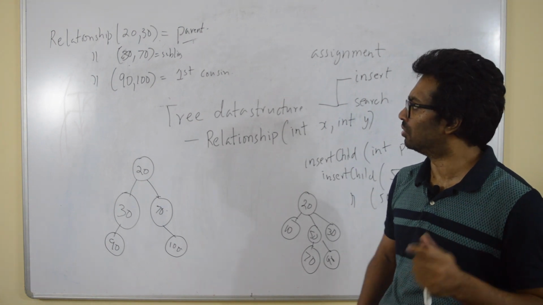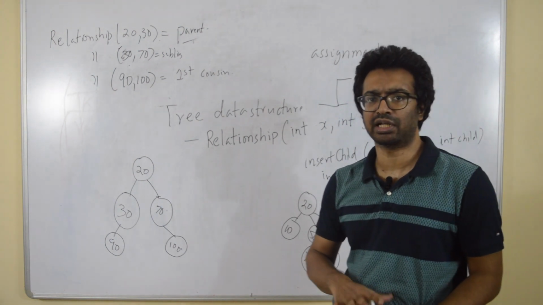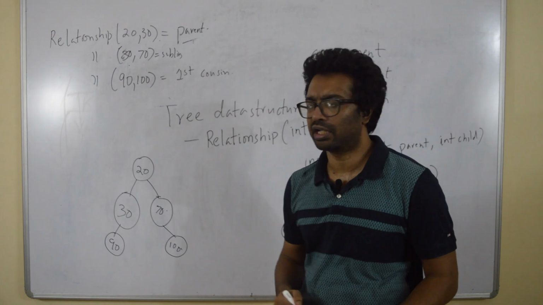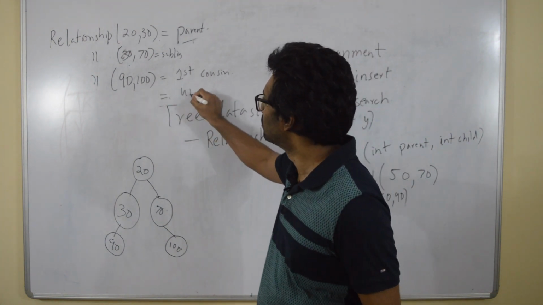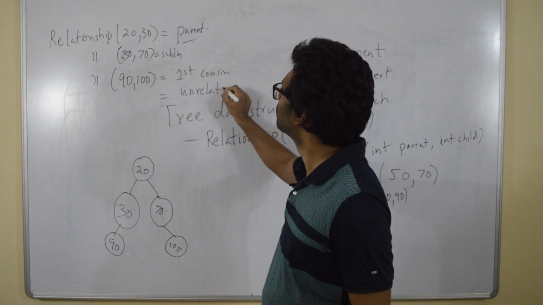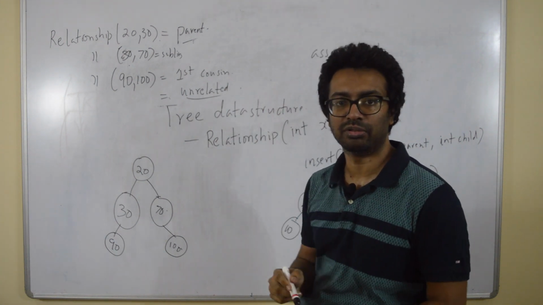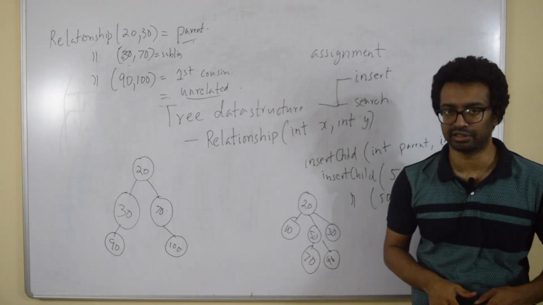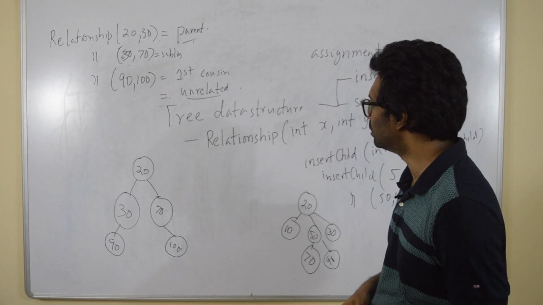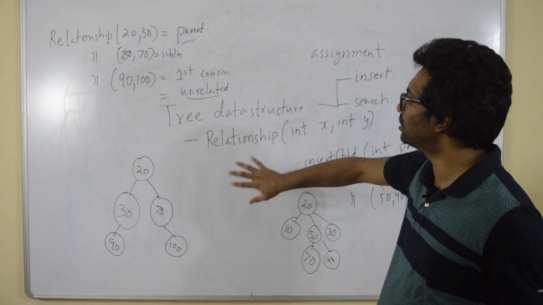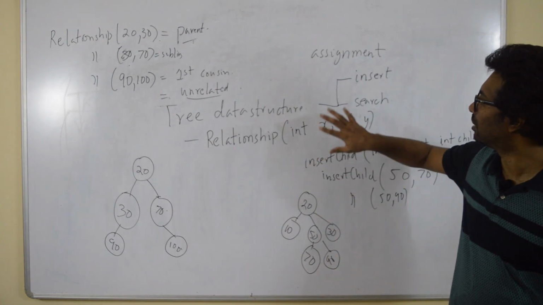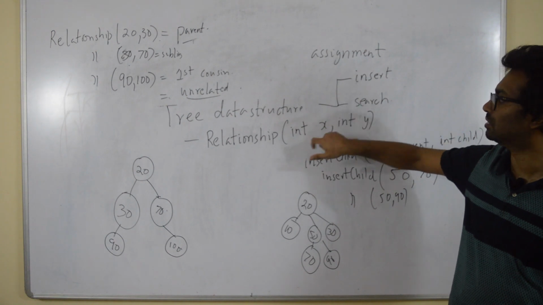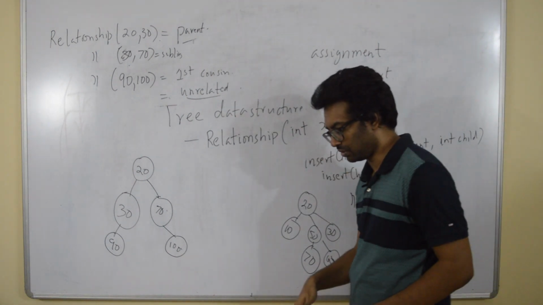If two numbers are unrelated, you can just write they are unrelated. So the tree data structure will contain three functions: insert, search, and relationship.